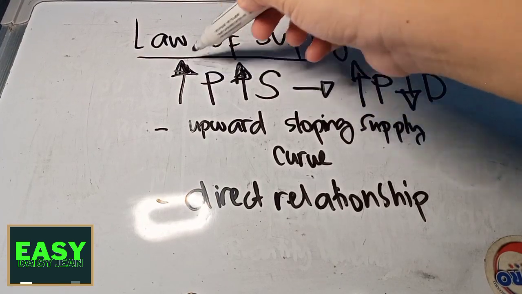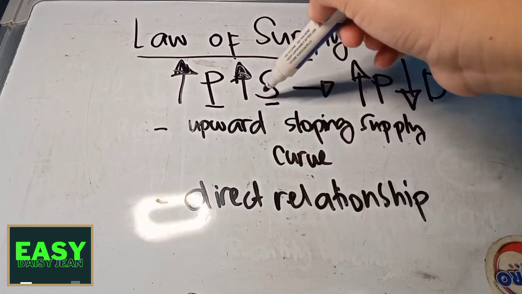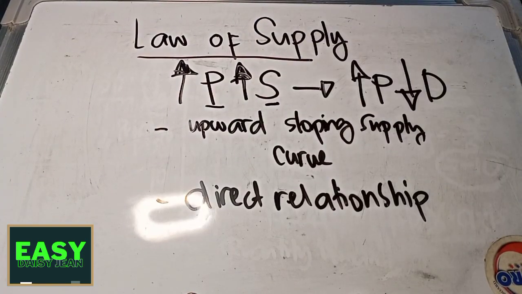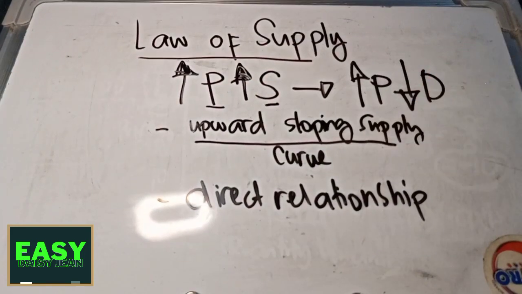When the one variable, which is the price, is increasing, the other variable, which is the supply, will also increase. So for you to be able to understand this upward sloping supply curve, we are to make use of the graph.